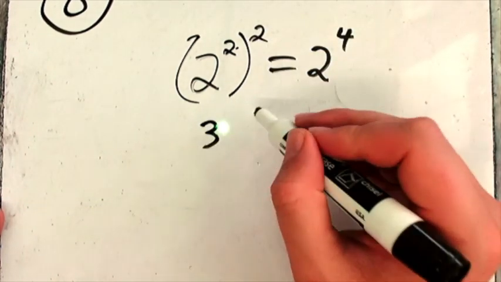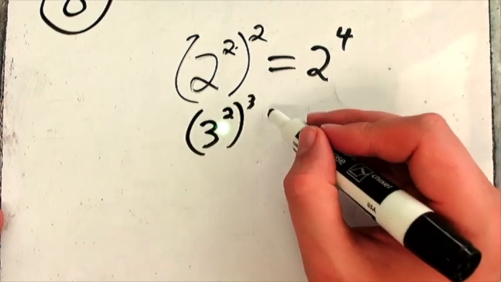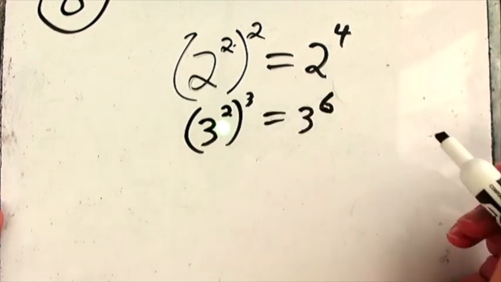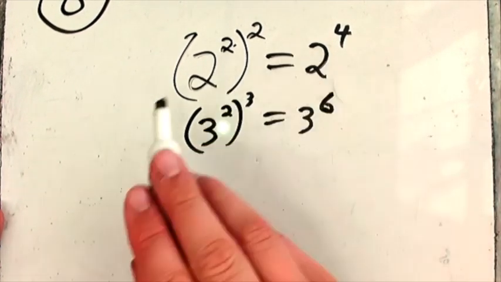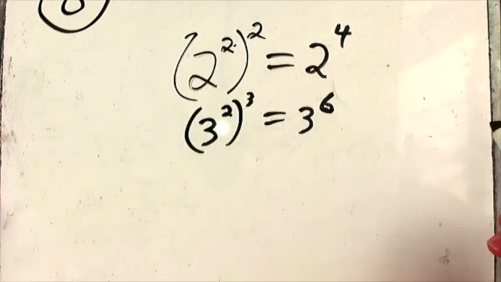So similarly, that same power rule would be like 3 squared to the 3rd. I'm going to get 3 to the 6th because I multiply those together. That's one kind of rule that you might see in these questions.